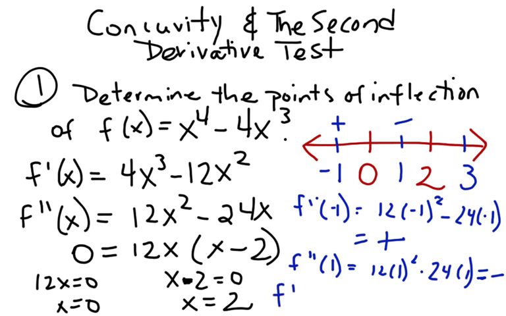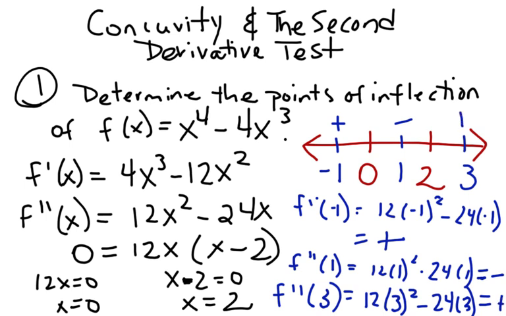And lastly, f double prime of 3 is 12 times 3 squared minus 24 times 3, and that's going to give us a positive. So it changed signs also at the 2. Now, I'm not quite done with this problem. I'm going to continue it on the next page.